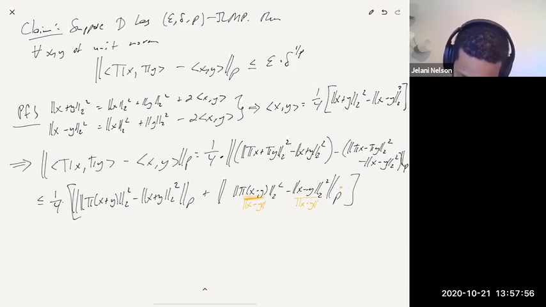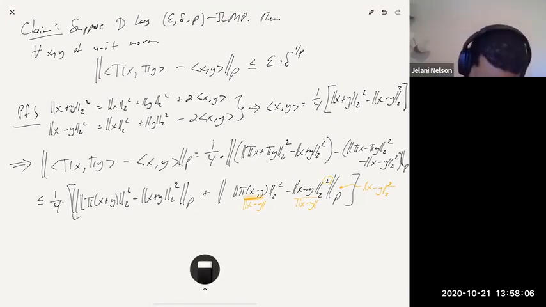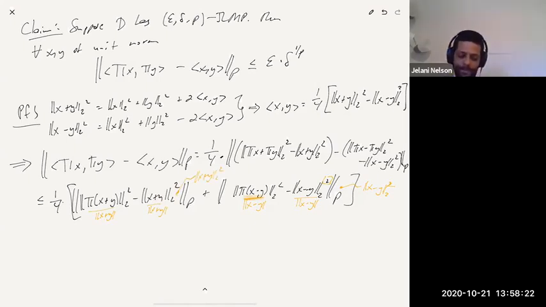We multiply it back by x minus y squared, because there's a square here. If we divide by it, we have to multiply by the square. Let's do the same thing here: divide by the norm of x plus y, and on the outside, multiply by the square. Okay, does that make sense?